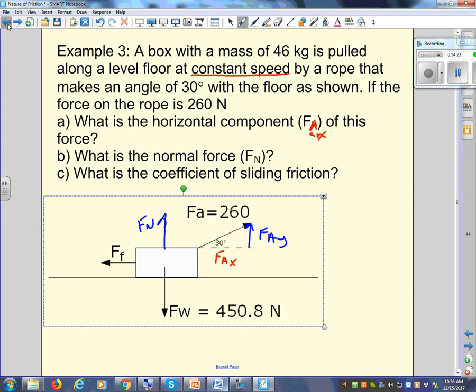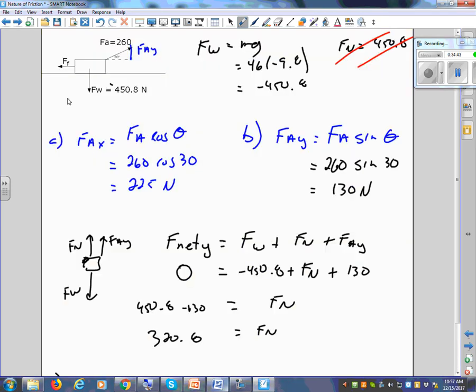Well, is it moving at a constant speed? It is, and so that means all of the X forces have to be balanced. The FF has to equal the FAX, because there is no net force left and right. The FF is equal to the FAX. So you could hopefully fill that in there. Therefore, FF is equal to minus 225.